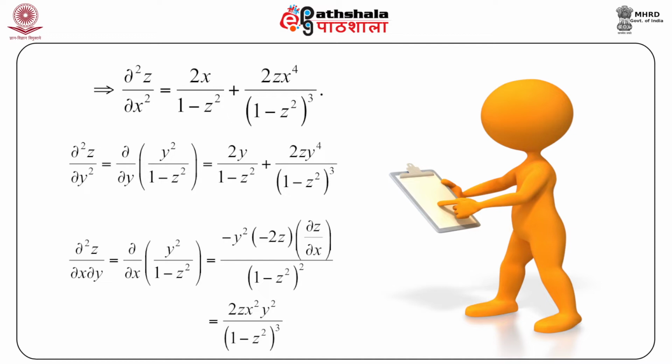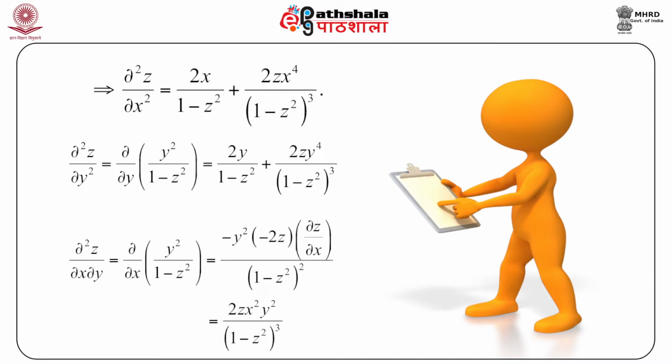Similarly, del square z by del y squared is equal to del by del y of (y squared over 1 minus z squared), which is equal to 2y over 1 minus z squared plus 2z y raised to the power of 4 divided by (1 minus z squared) the whole cube.